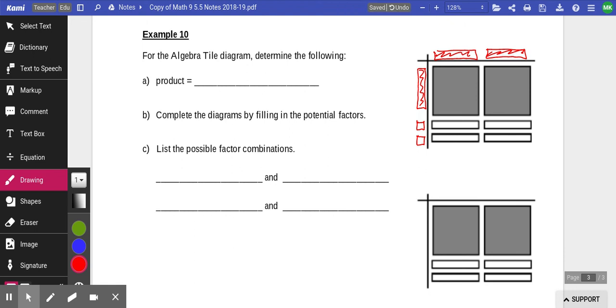Then you could just do the reverse, right? So now instead of having a positive x squared or positive x on the top, I have negatives on the top. That means I would have had to have a negative x on the side to create that positive x squared in the middle. And I would have had to have a positive single to create the negative x's in the middle.